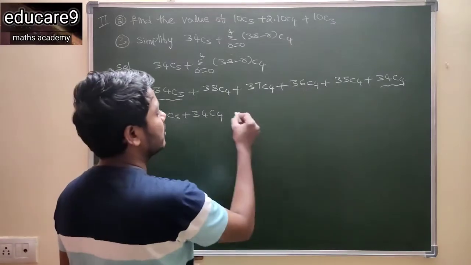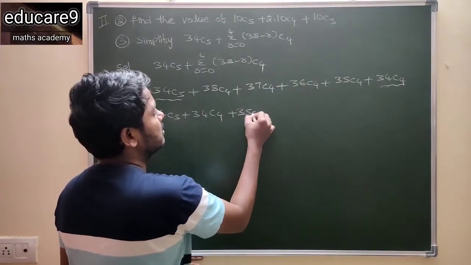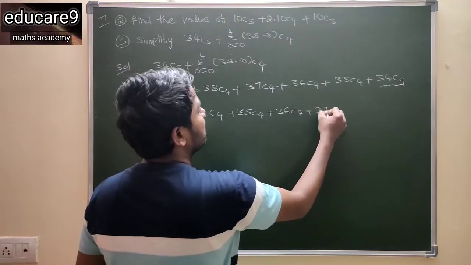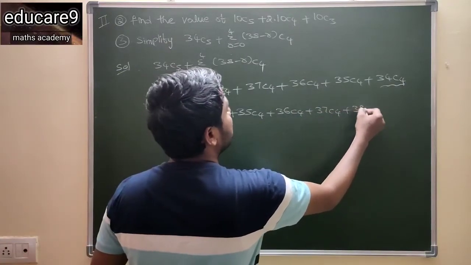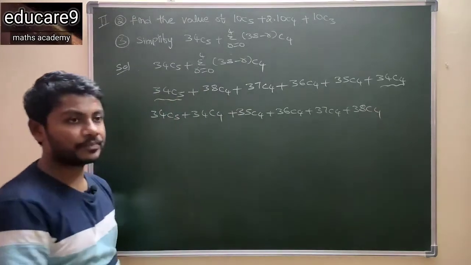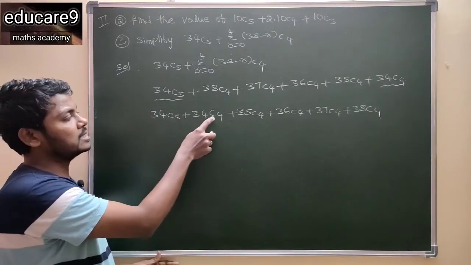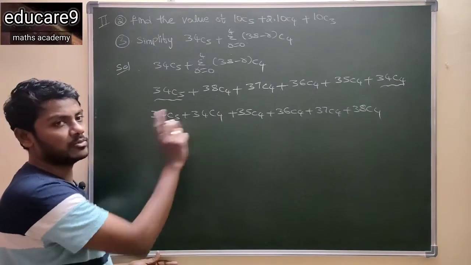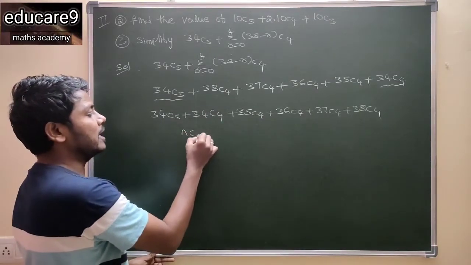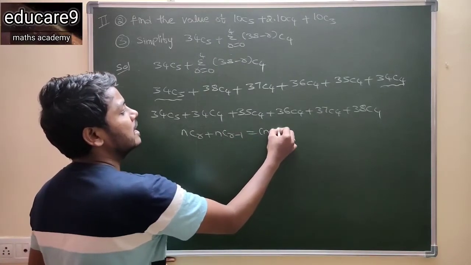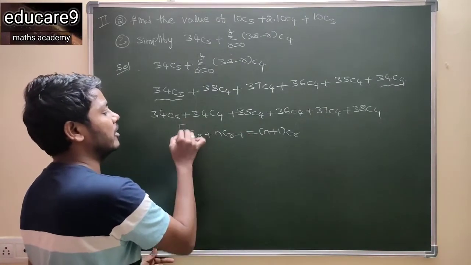Next write these terms: 35C4 plus 36C4 plus 37C4 plus 38C4. So it is clear, in the form of nCr plus nC(r minus 1), 5 minus 1 is 4. So here we know that the nCr plus nC(r minus 1) formula is (n plus 1)Cr.